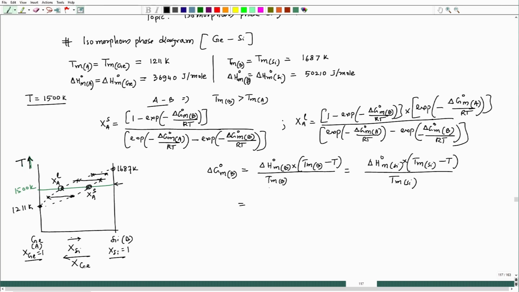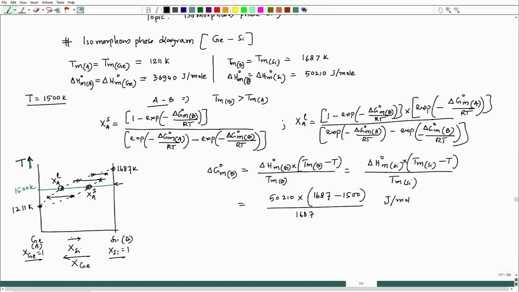I can get the value, which is 50210 joule per mole into 1687 Kelvin minus 1500 divided by Tm, which is 1687. This would be joule, of course, we are talking about 1 mole.